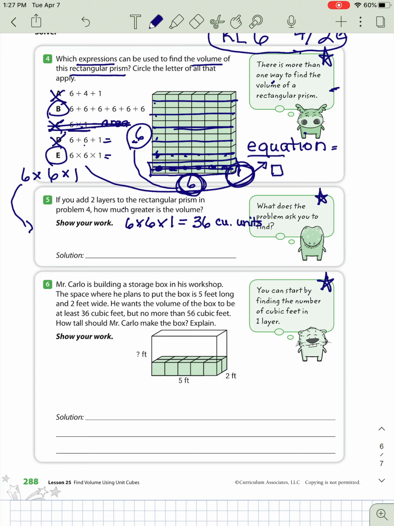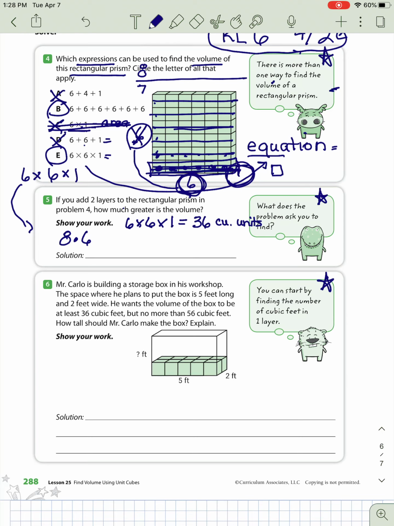Now, how much greater if I add 2 more layers? So if I added another layer, this would become 7 layers and 8 layers, right? So here, now my expression is going to be 8 times 6.